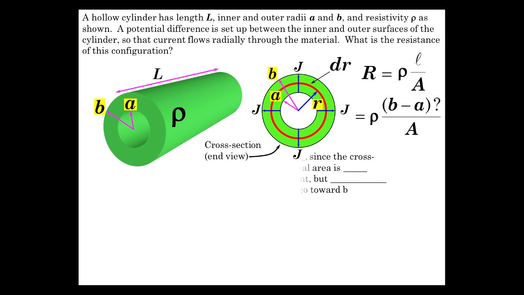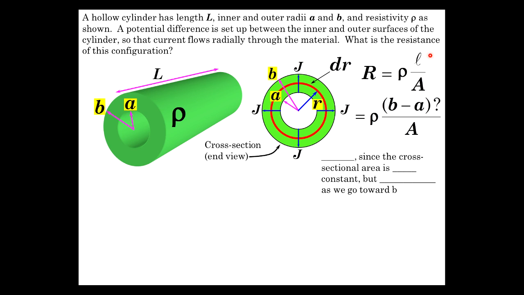All right, so before I get further into that, can't we just say rho, the length is just B minus A, this length across here from inside to out, over A? And of course the answer is no. Why? Because of the cross-sectional area that the current is going through.